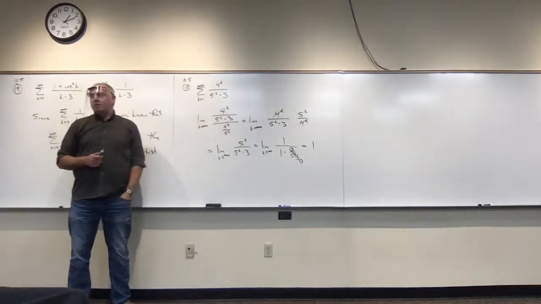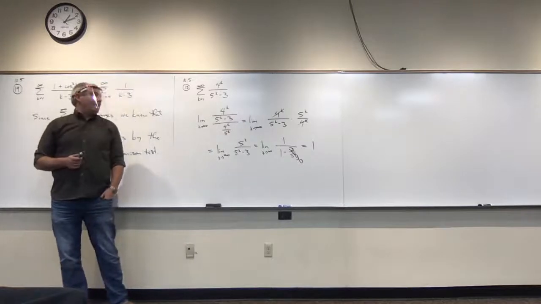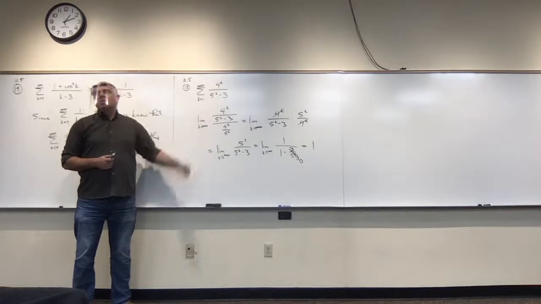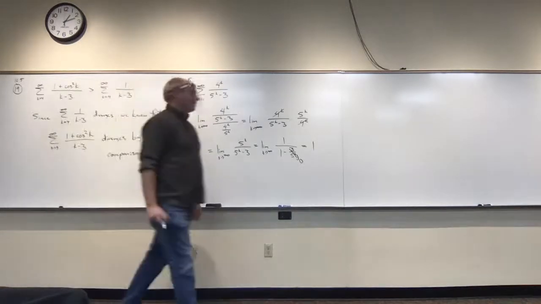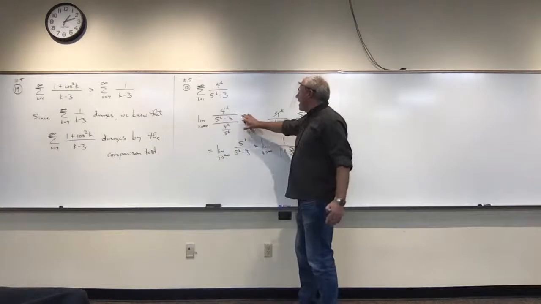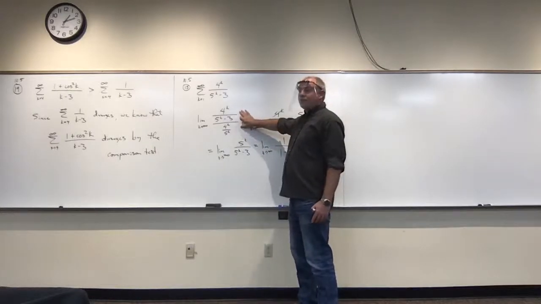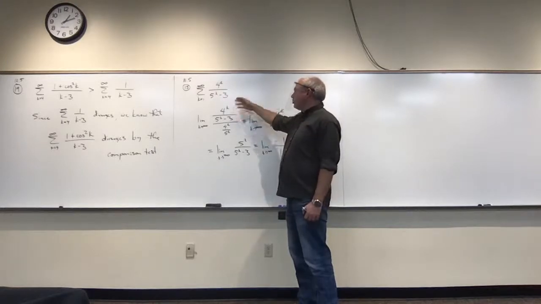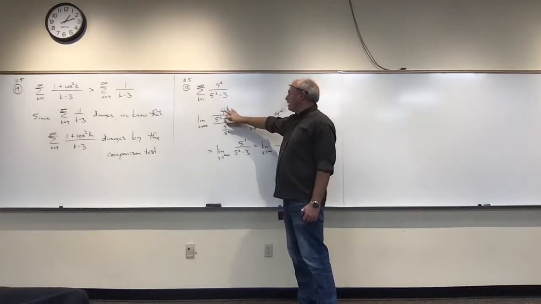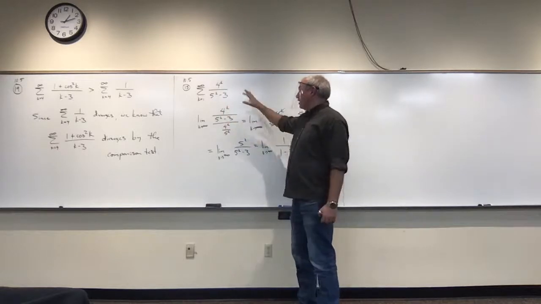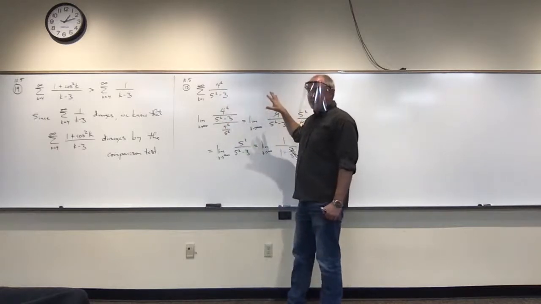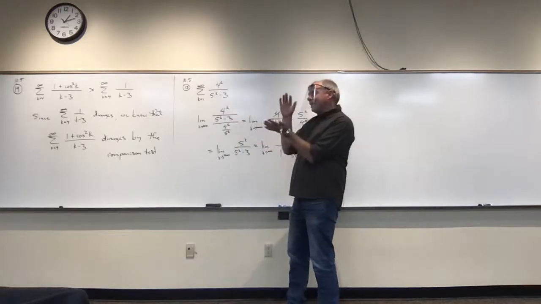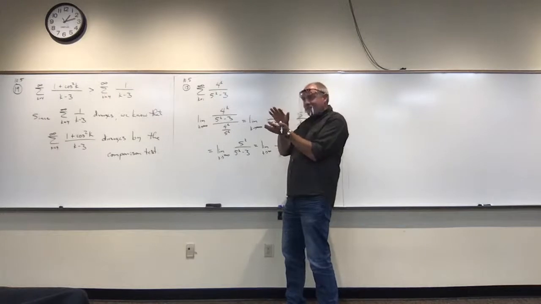Why does being greater than 0 mean they do the same thing? Basically it's saying that they have a similar rate of growth. As k gets big, this is going somewhere, and this is going somewhere. Are they going kind of the same place?